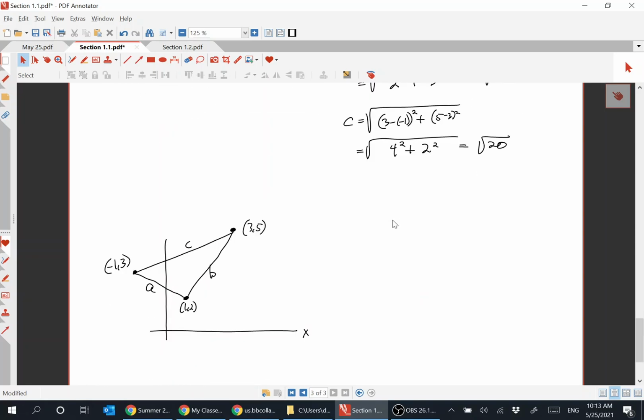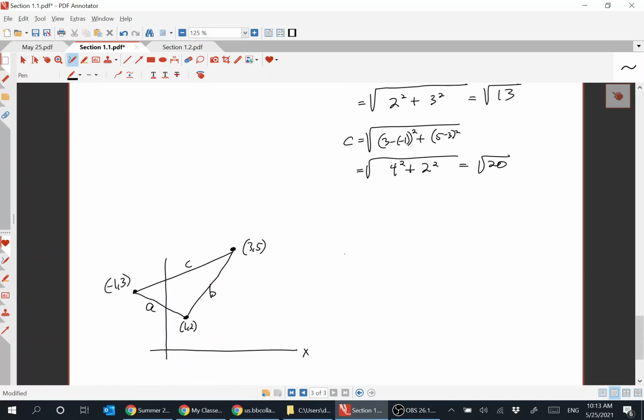So these distances, let's put them in there. A was square root of 5. B was square root of 13. And this is square root of 20.